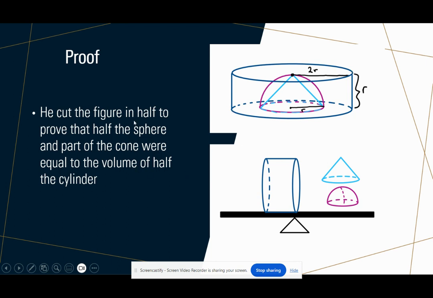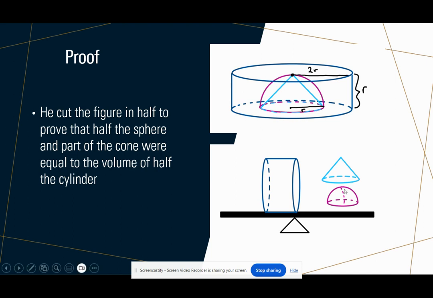And then he placed half the cylinder on the left side of the lever and at the fulcrum. And then over here, he placed the other two figures. Basically, he wanted to show that these two things were the same mass.